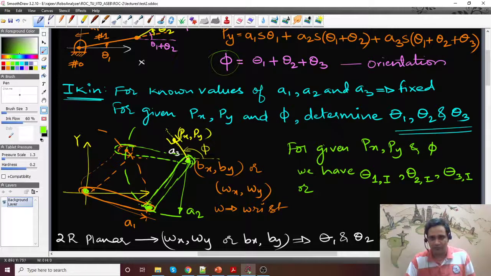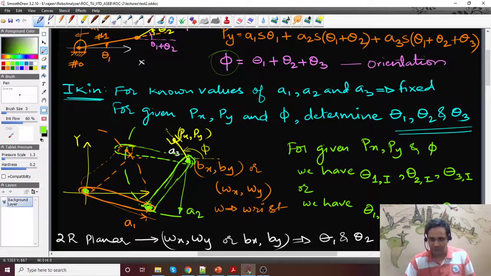Or we have theta 1 second solution, theta 2 second solution, and theta 3 second solution. So this is inverse kinematics.